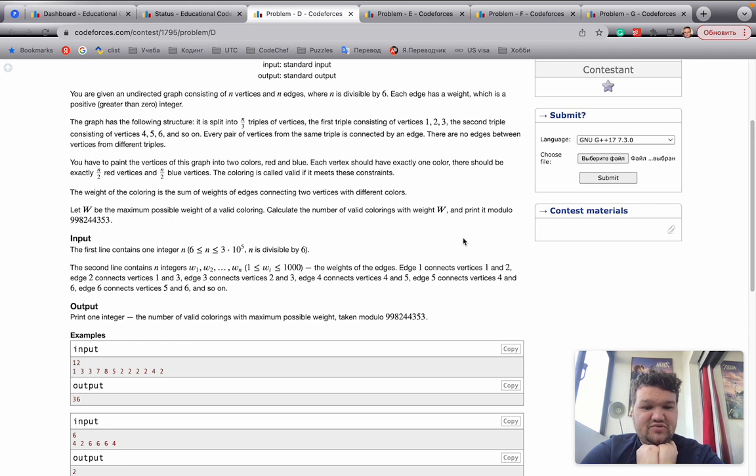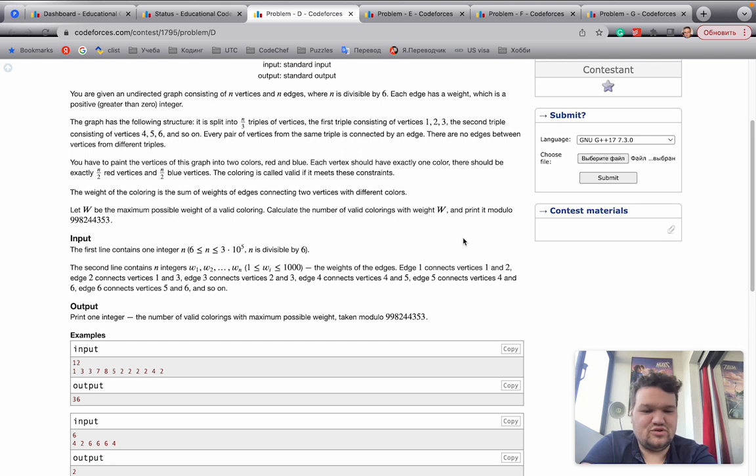And that edge should be one of the minimums, because we want the 2 maximums. And then, after we made this choice for each triangle, we choose which of them will be blue and which are red, and that should be half blue and the other half red, and it's absolutely independent of everything else.